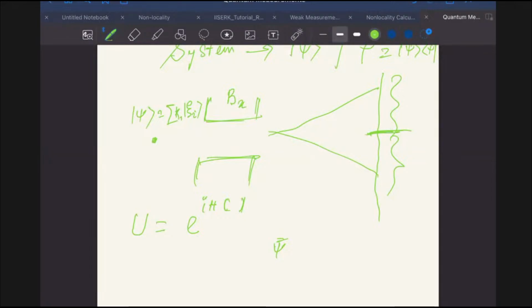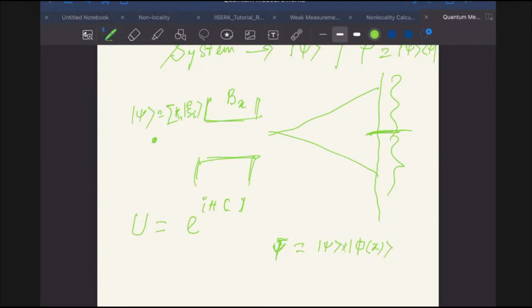So this electron now has two components. Let me write the overall wave function as capital psi, and the spin component of the electron as small psi ket, and the position wave function by this.